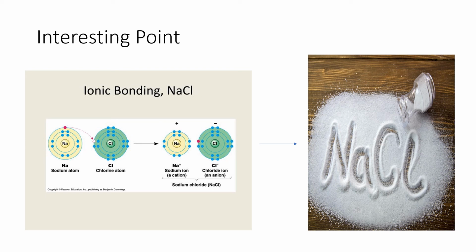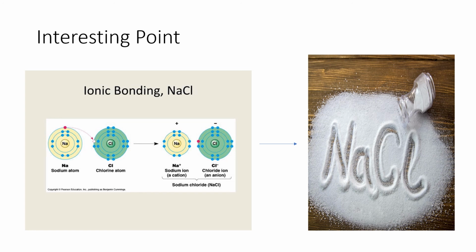Now, sodium has an electron that it would like to give, and chlorine has a space that it would like to have taken by an electron. So this reaction between sodium and chlorine is going to make two ions. Now, sodium is going to give up its electron. Sodium is going to lose the electron, and chlorine is going to gain sodium's electron.